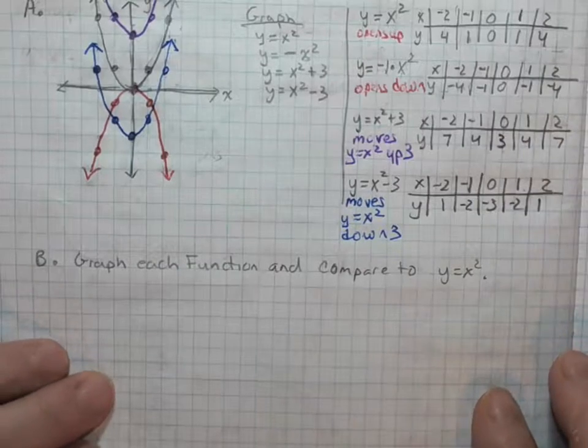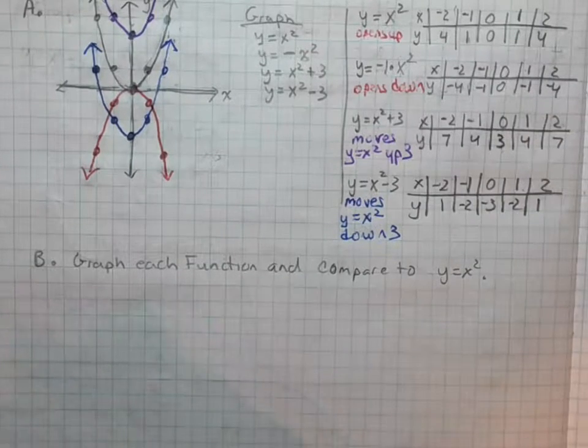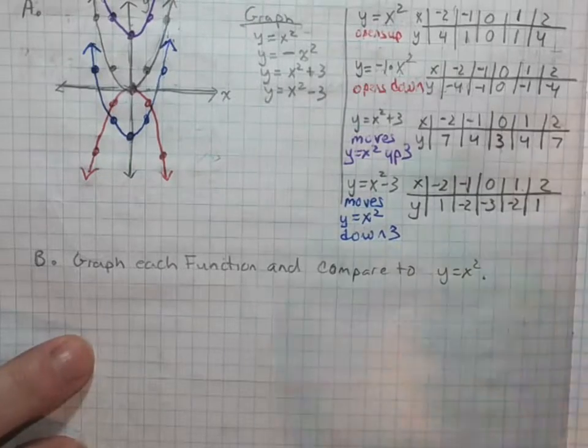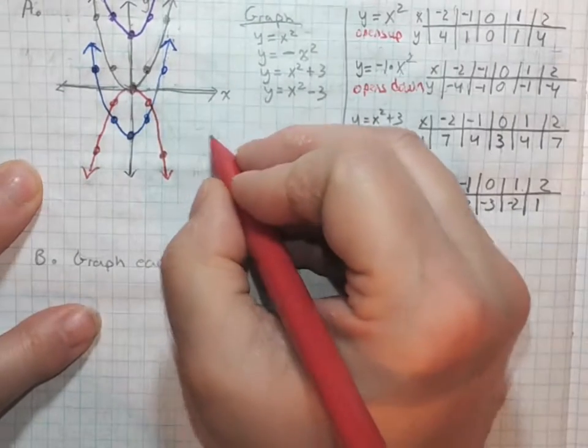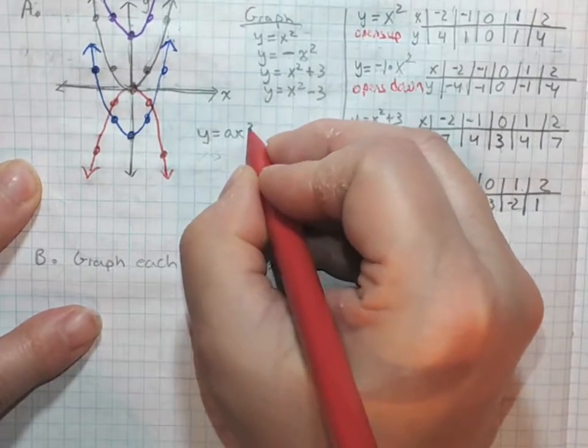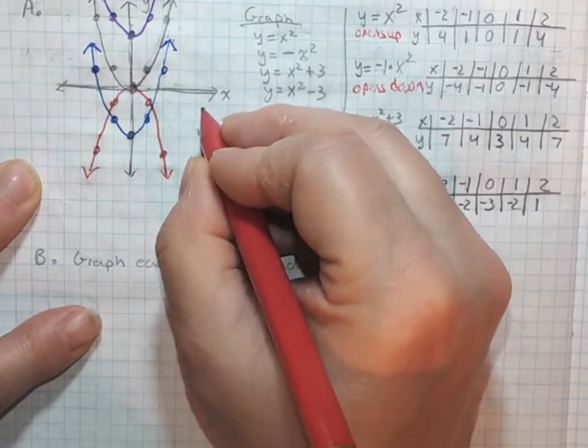All right. So a couple of things just to quickly summarize. Y equals ax squared plus c.